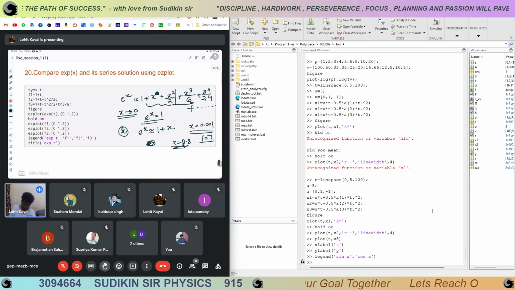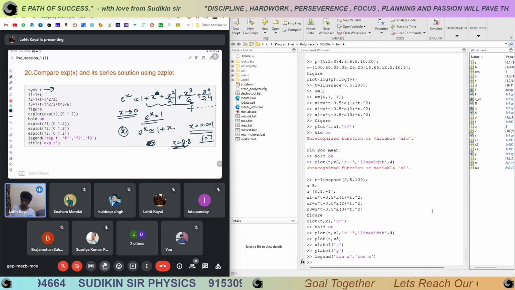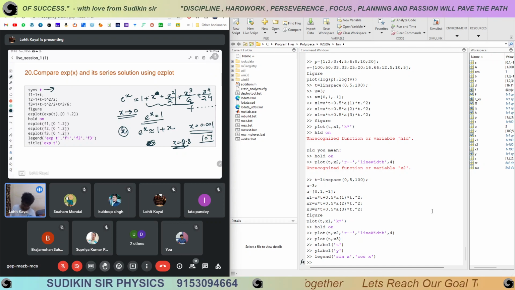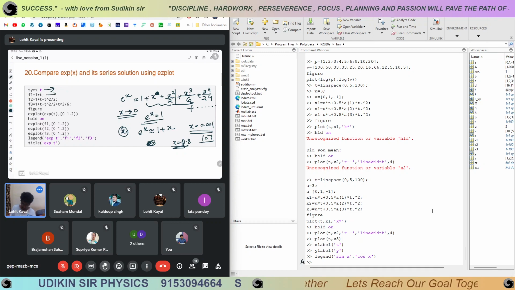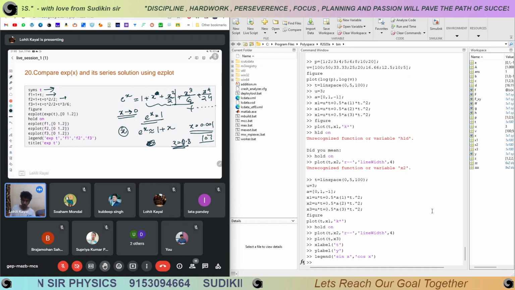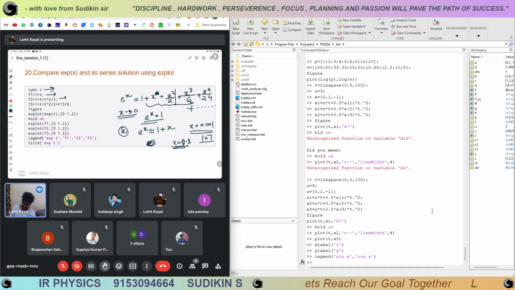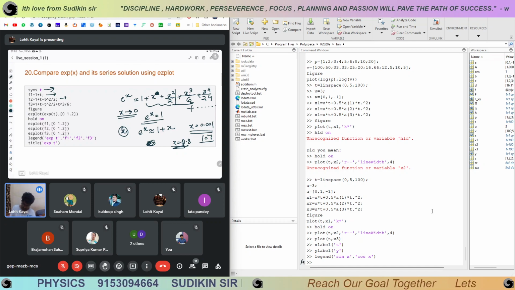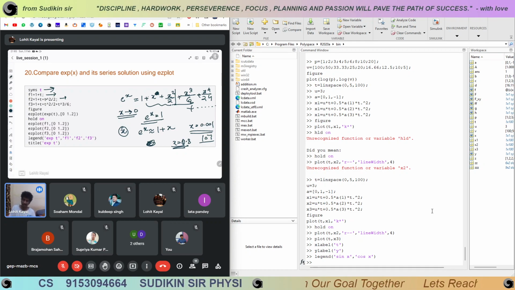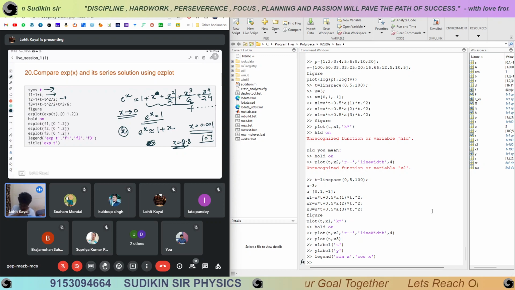So here I am mentioning a symbolic variable, syms t. Now f1 equals 1 plus t, f2 equals 1 plus t square by 2. Here I haven't written t dot square dot by 2, because I will treat t as a scalar, not a vector.